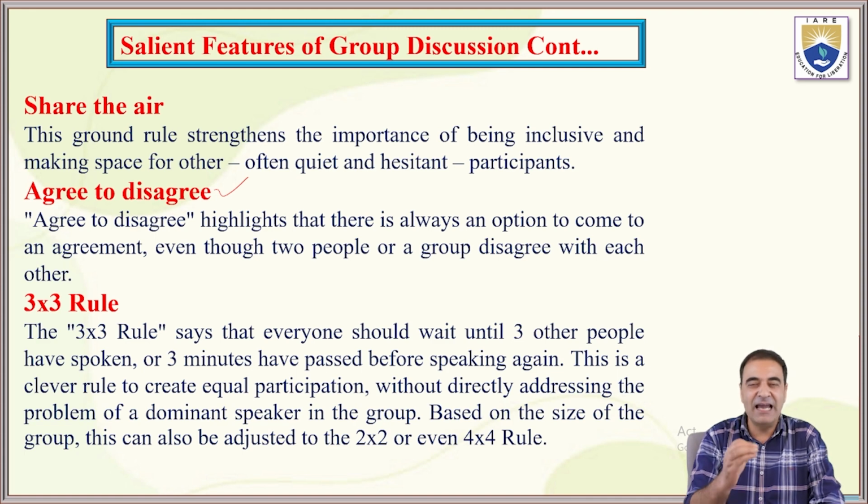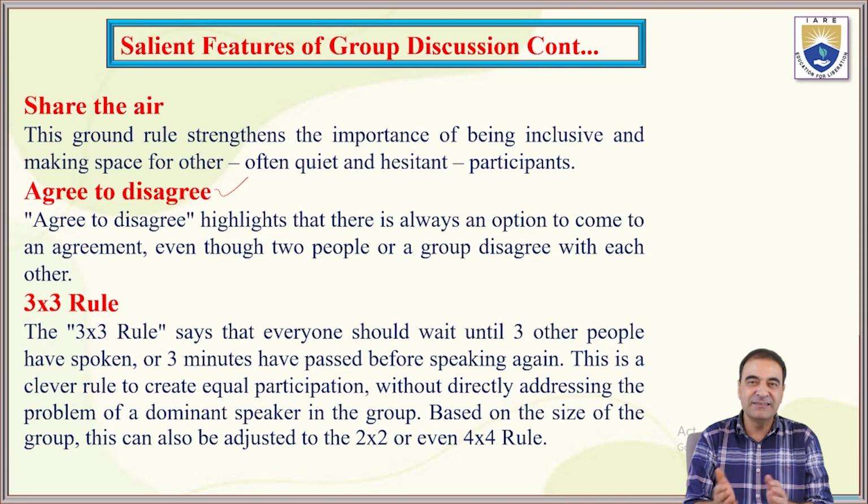Now, this is a very interesting rule, the 3 into 3 rule. It means after every 3 minutes, another participant should speak. The second 3 means that when 3 speakers complete their talk, then another participant should speak.